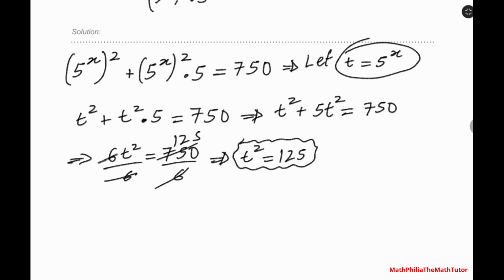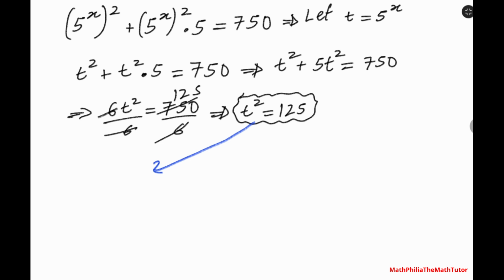The value of t is 5 raised to the power of x, isn't it? So instead of t squared, we are going to substitute 5 to the x. Remember, t is the same as 5 raised to the power of x. Let's go ahead and do that.